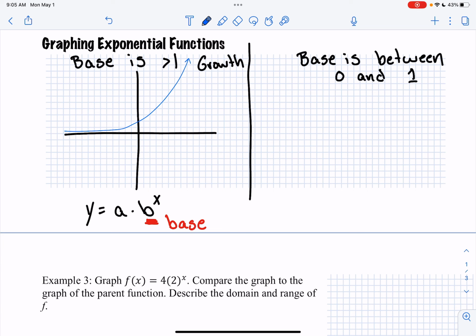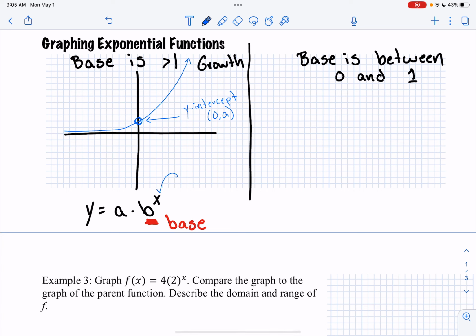This point right here, where it crosses the y-axis, we call that a y-intercept. And that y-intercept is always going to occur at the a. It's going to be the point (0, a).